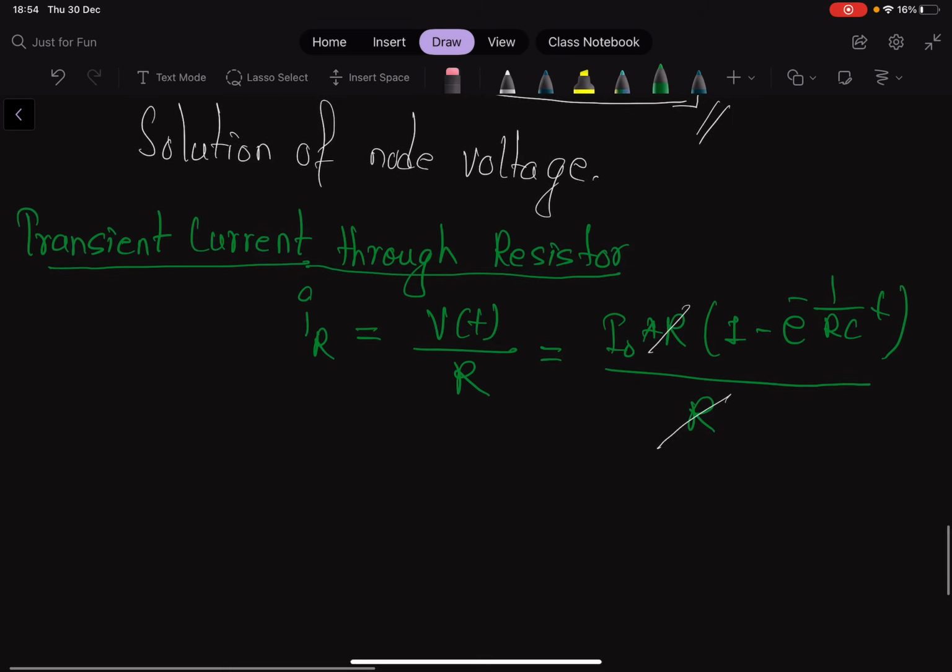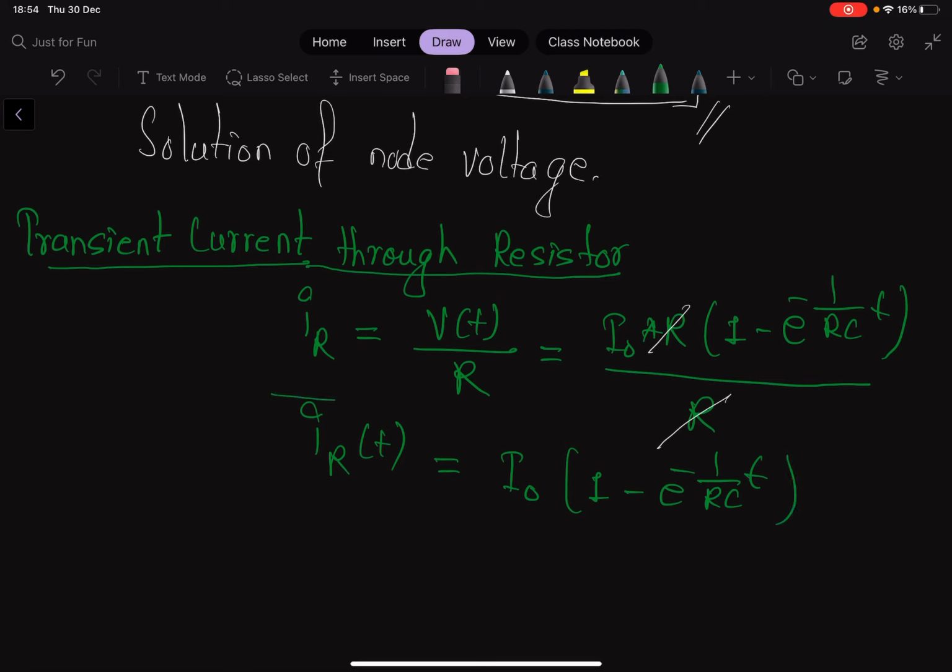So the transient current through the resistor, we can use It basically, is I naught times 1 minus e to the power minus t over RC. That is our expression here.